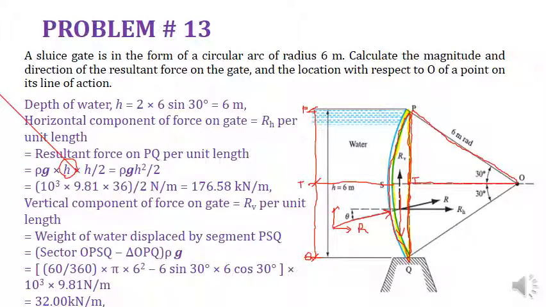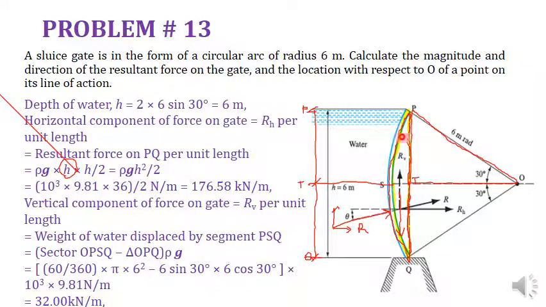So we have the segment PSQ. How can we determine this PSQ? We have a sector OPSQ, which is a sector out of a total circle. It is not a quadrant, it is not a semicircle, it is a sector from the circle.